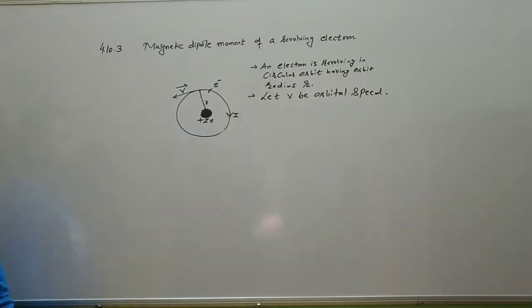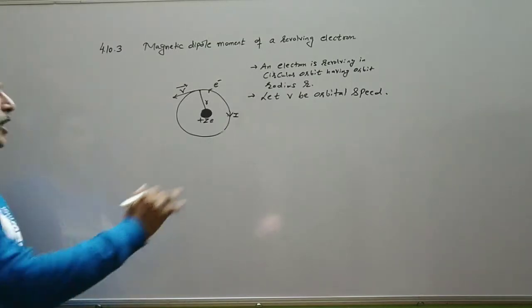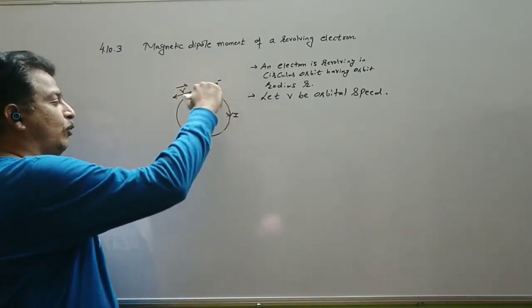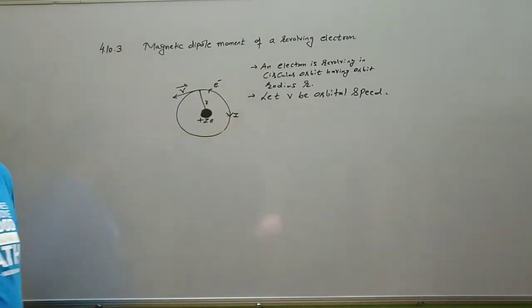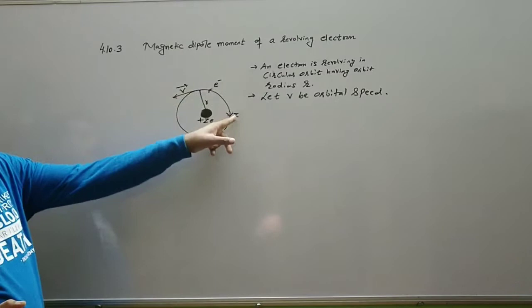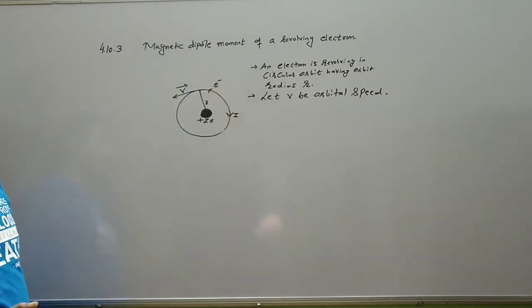So this motion of an electron produces the current, and the direction of electronic current is opposite to the conventional current. So let I be the conventional current. If the electron is anti-clockwise, the current is assumed to be flowing in a clockwise direction.